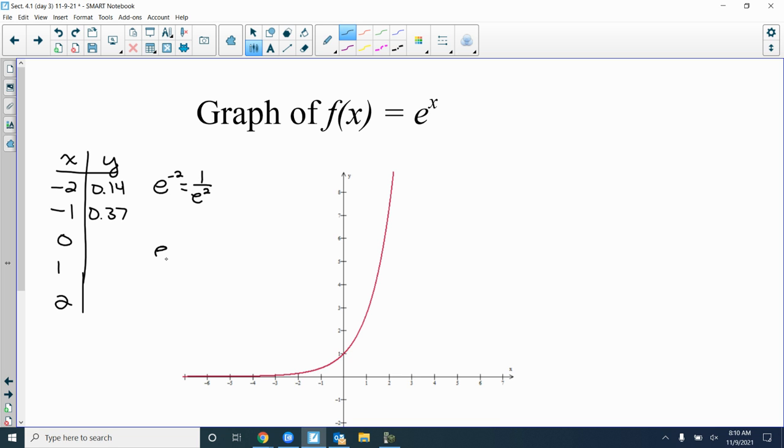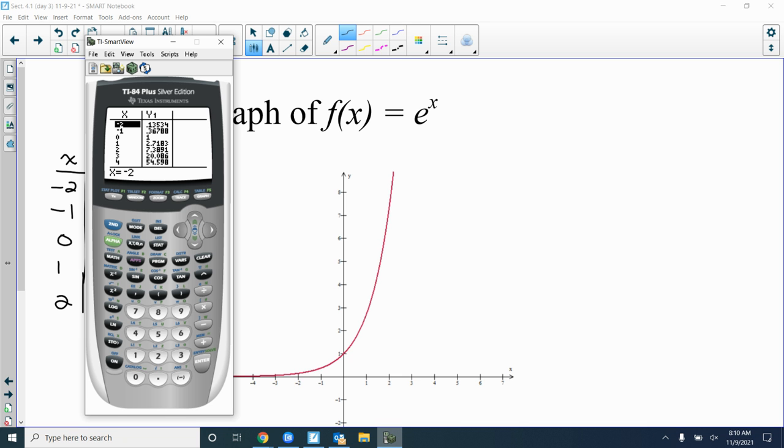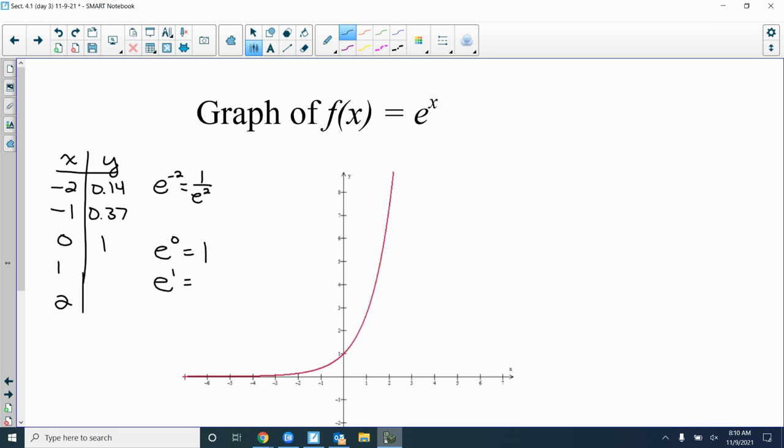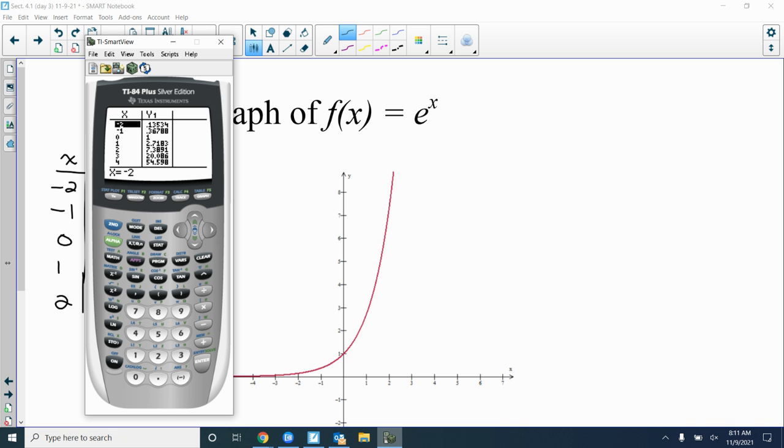Anything to the 0 power, even e, is 1. e to the first power is just e, which is going to be 2.72 if I round it. And what's e squared going to be? 7.39.